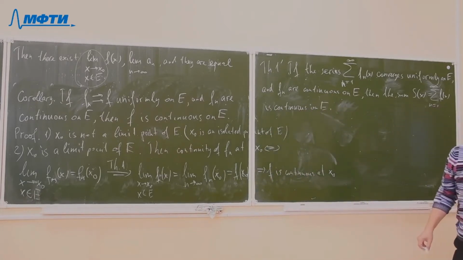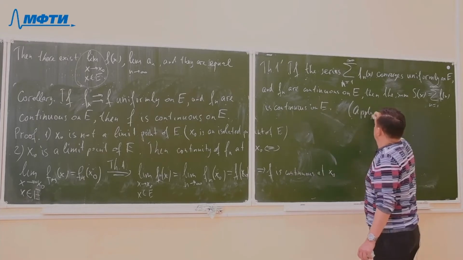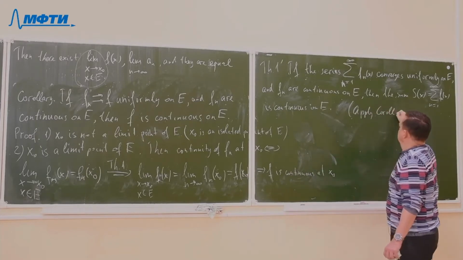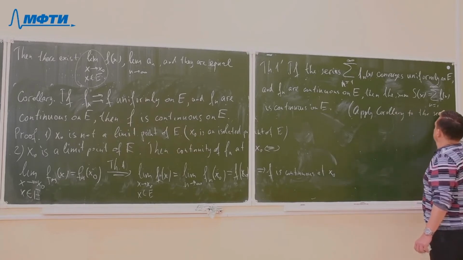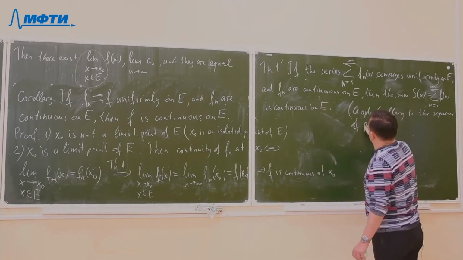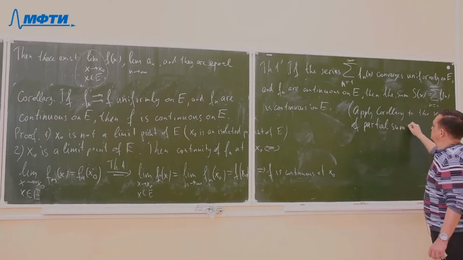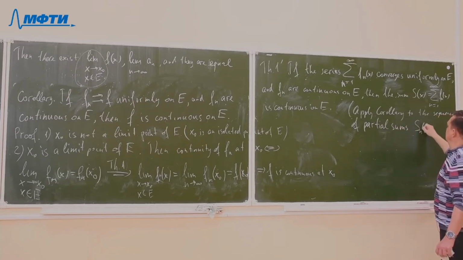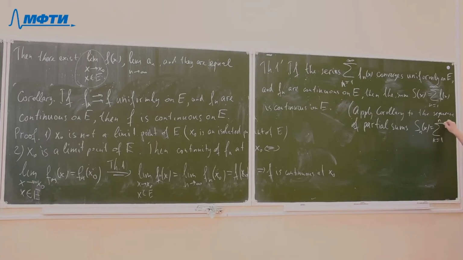So, for the proof, apply the corollary to the sequence of partial sums sn of x equals the sum k from 1 to n of fk of x.